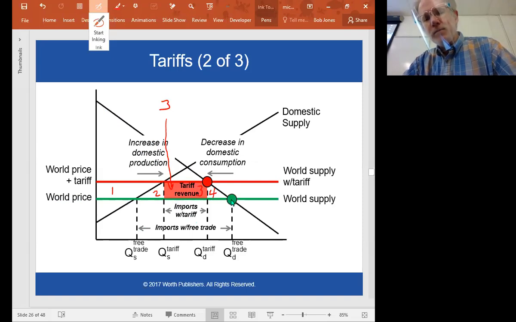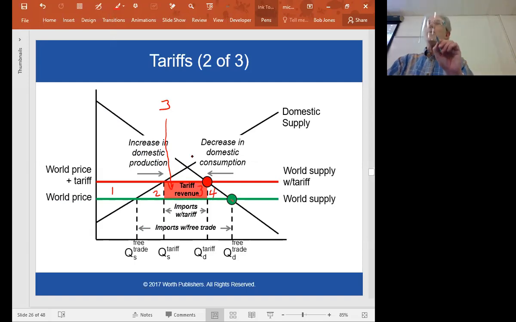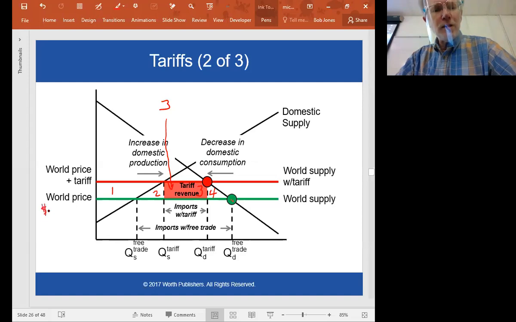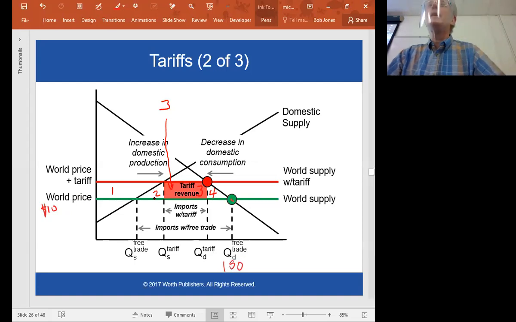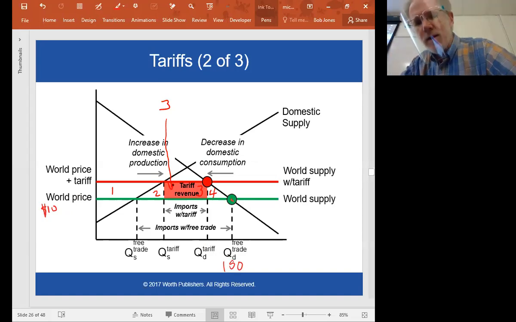How far out do we go? Well, out to the quantity that consumers are going to want to buy. And still assume that's $10. At that $10 price, this is the quantity consumers will want. Let's say 100. Go ahead. I was going to say that's 150. Yeah, that's what they want. That's 150.